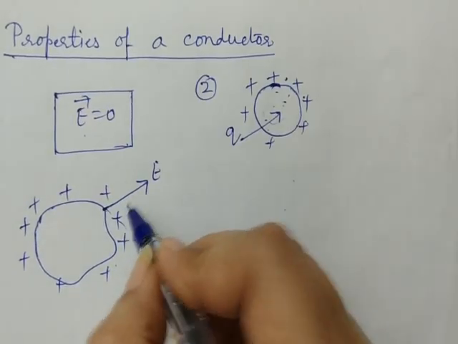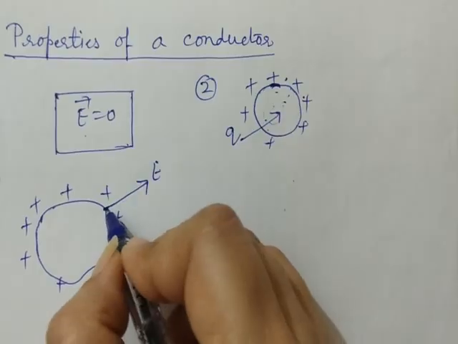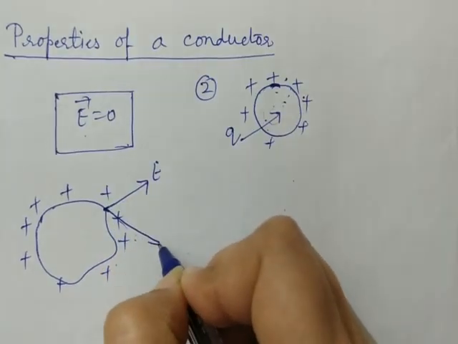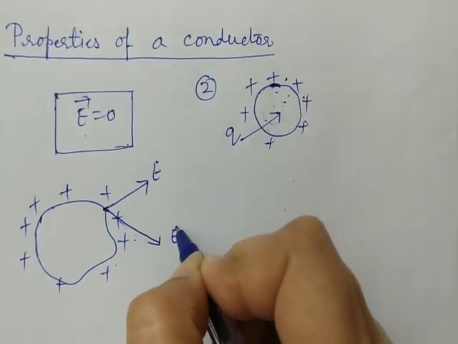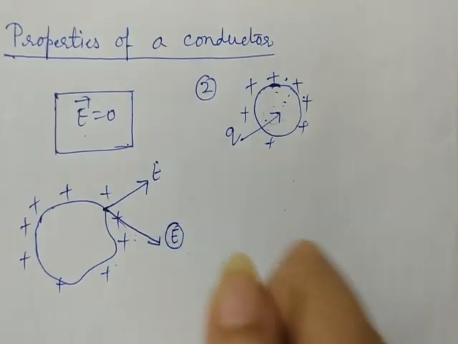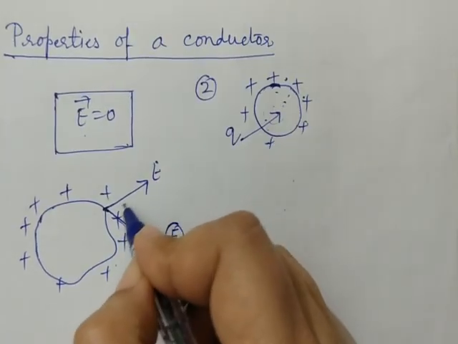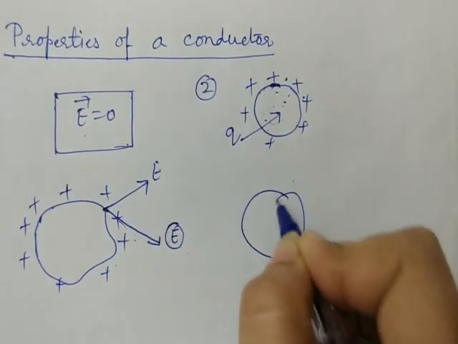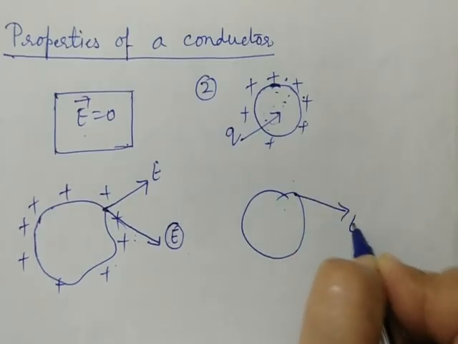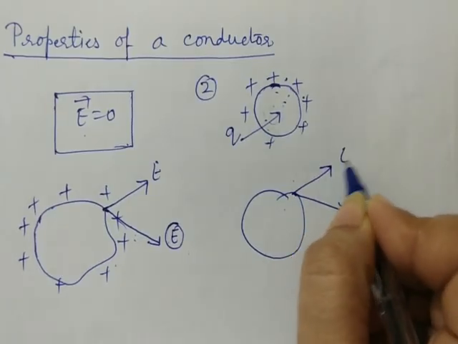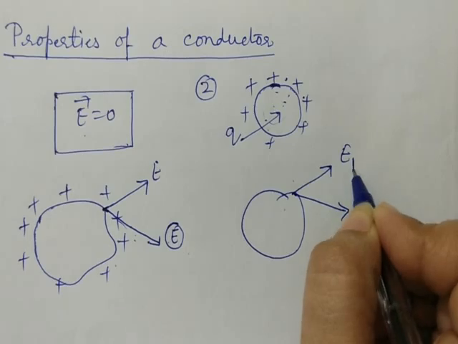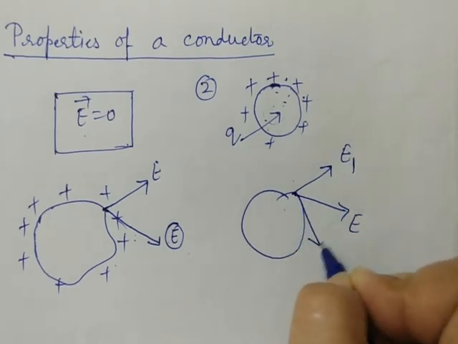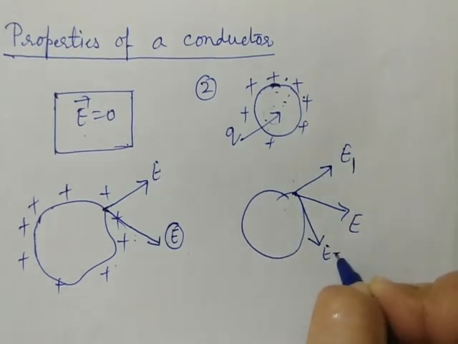Reason is, suppose we assume that the direction of electric field is this. If this happens to be the direction of electric field, it will have two components, one perpendicular, say E1, and another along the surface, that is ET.